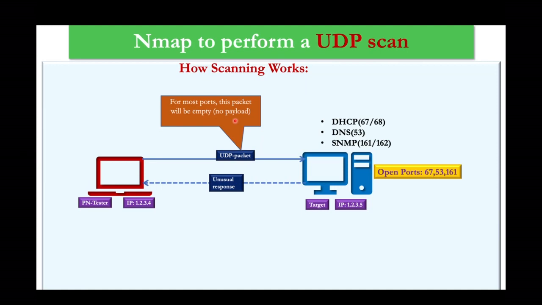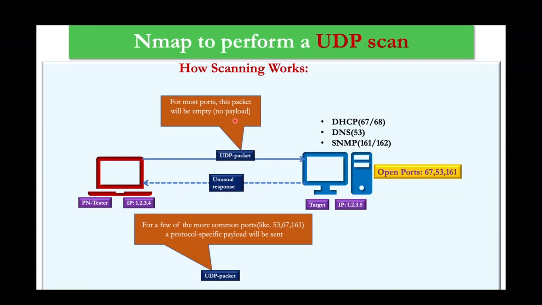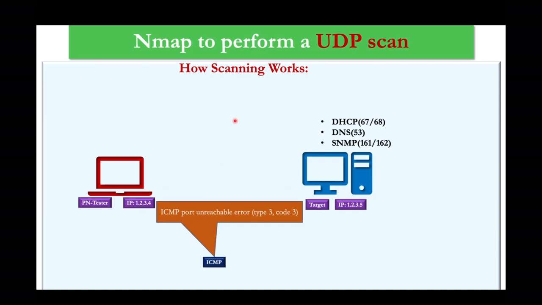It is an unusual response, because pen testers may or may not get a response to the UDP packets. As said, for only a few common ports like 53, the payload will be there, so we'll get a response. For the remaining, it is empty, so the target may or may not send an acknowledgement.